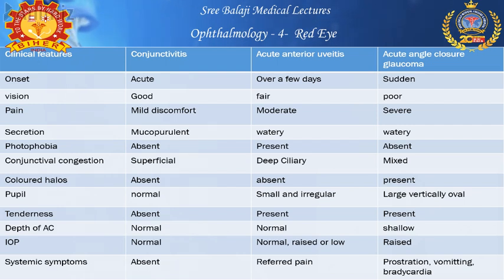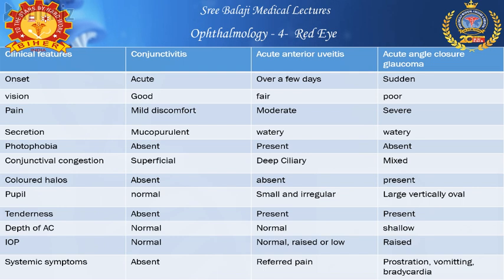Depth of the anterior chamber is normal in case of acute conjunctivitis. Normal in case of acute anterior uveitis and shallow in case of acute angle closure glaucoma. IOP is normal in case of acute conjunctivitis.